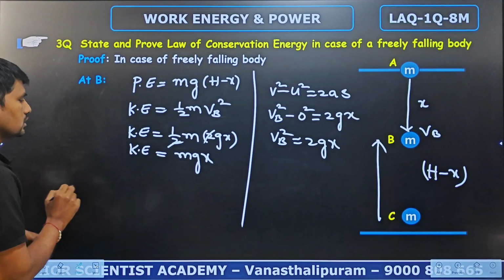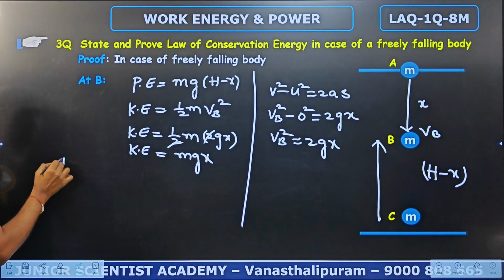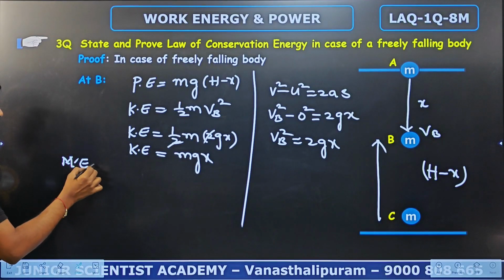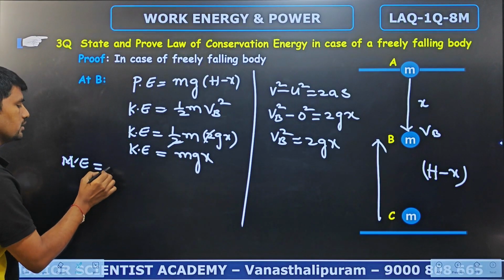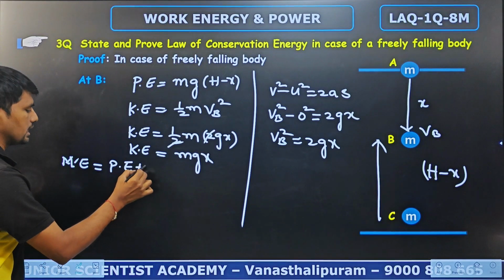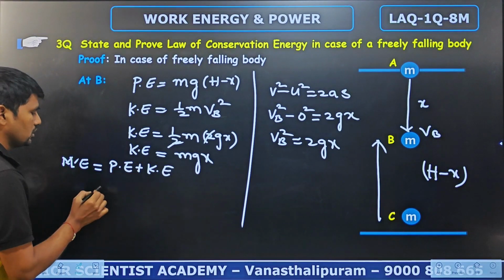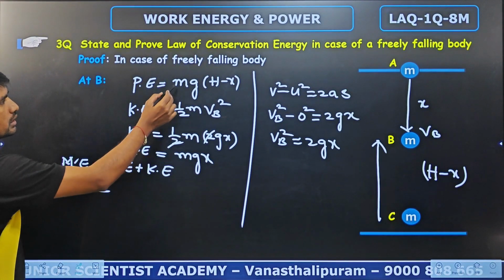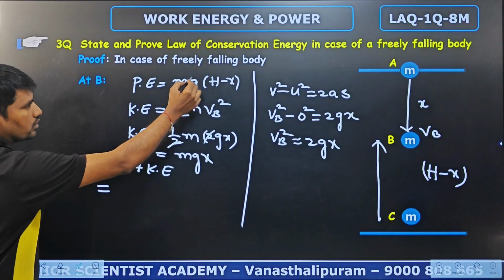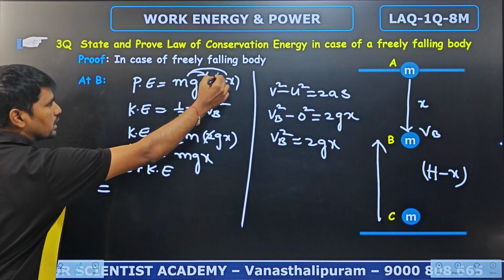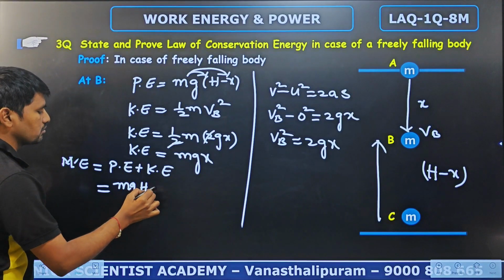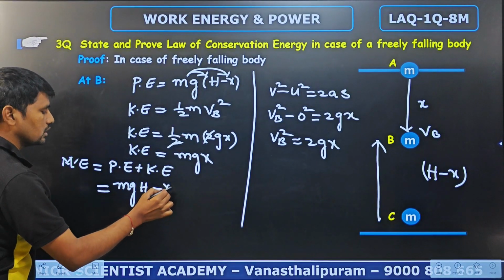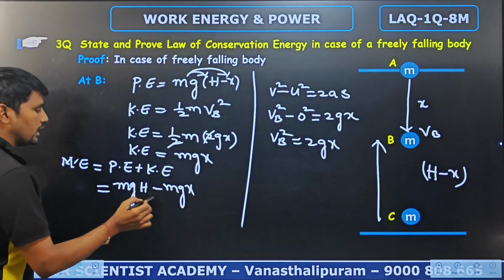Next, total energy or mechanical energy. Mechanical energy is nothing but the sum of potential energy and kinetic energy. Potential energy is mgh, so we multiply inside, and you will get mgH minus mgx.